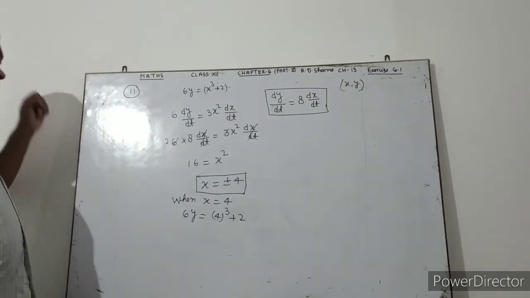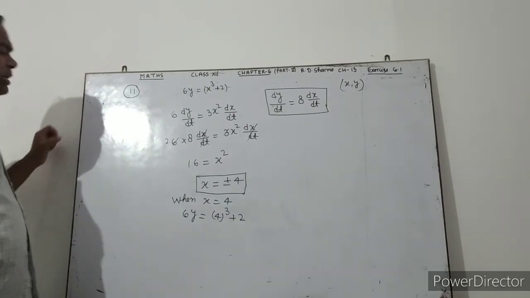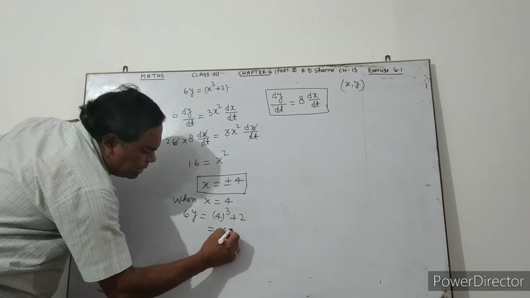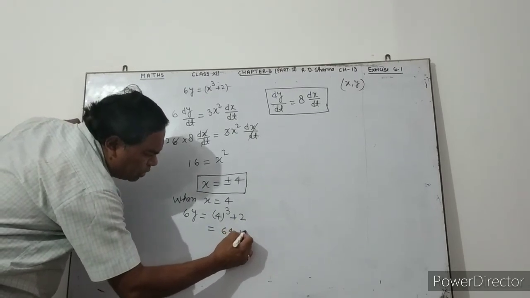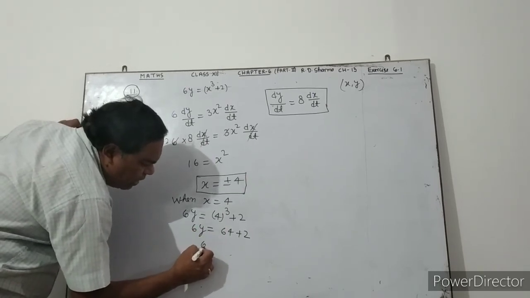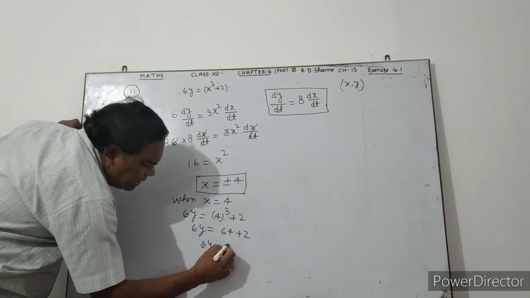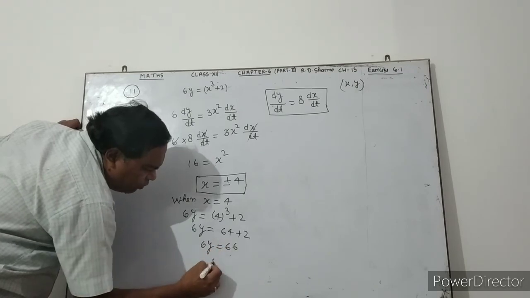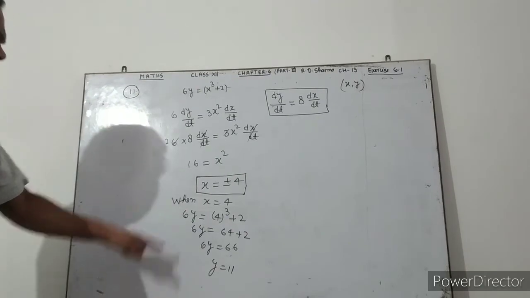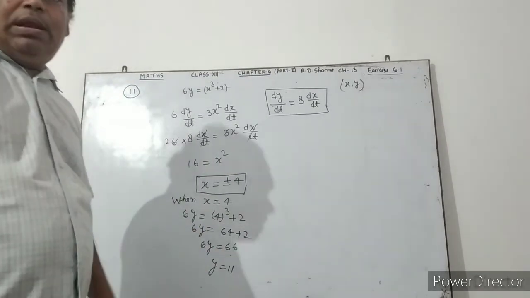Then this is 16 into 4, 64, plus 2, so 6y equals 66. Then y equals 11. When x equals 4, y equals 11.